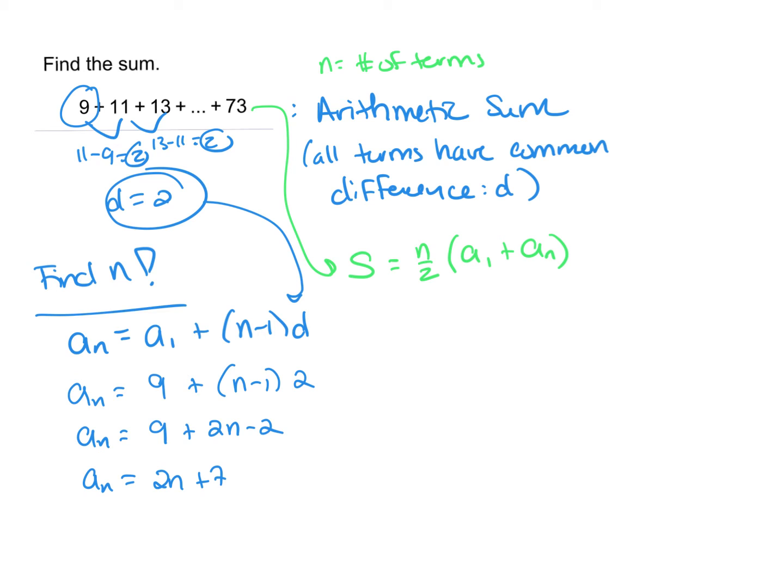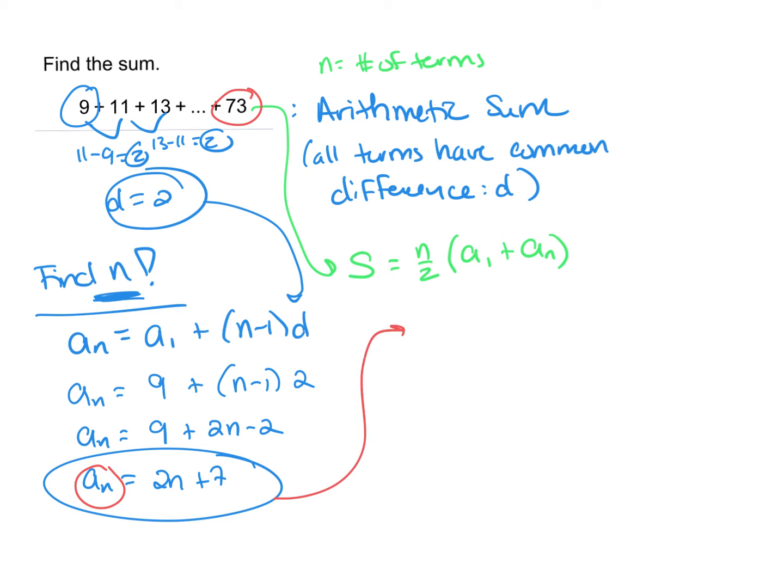Now here's how we can use this to find n. We're going to use our last term and figure out which term that is. So we're going to pick A sub n to be 73, and then find which n makes that true.